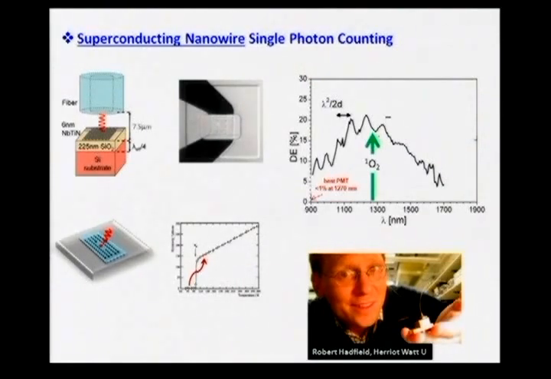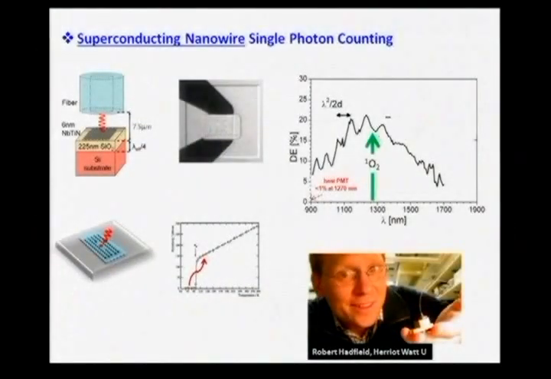You know the phenomenon of superconductivity, that if you take particular metals down to a very low temperature, then they have zero resistance. So they take a nanowire, a tiny little wire of superconducting material, and take it down to the critical temperature. In fact, it's very important to hold it just at the critical temperature. Now what happens is that a photon comes in and is absorbed by that nanowire.